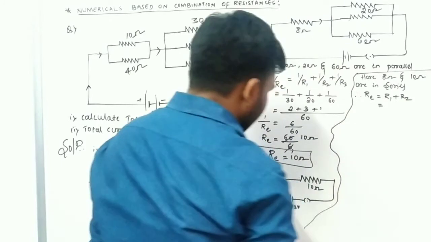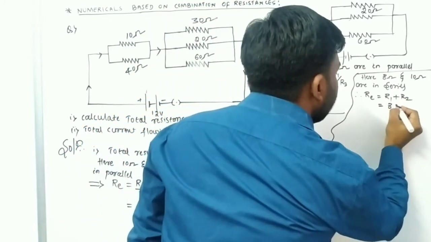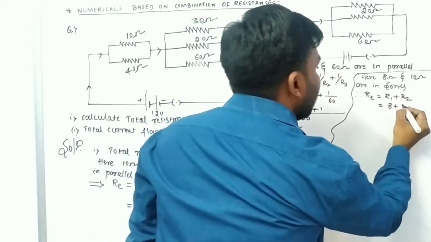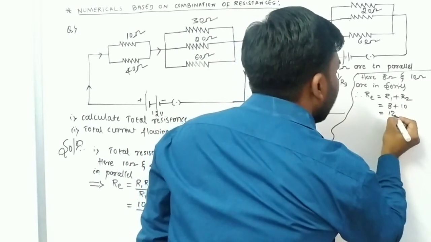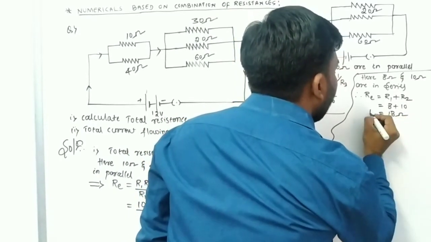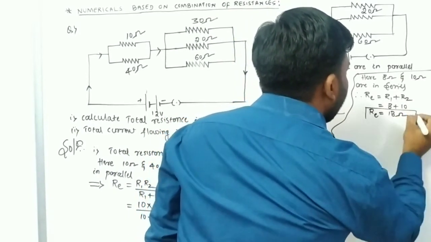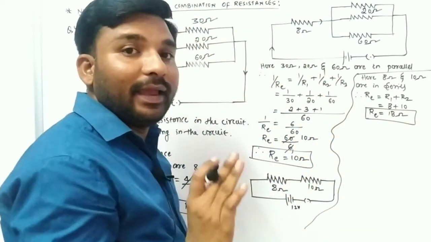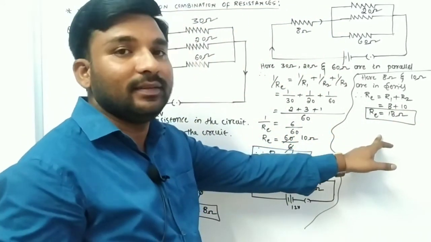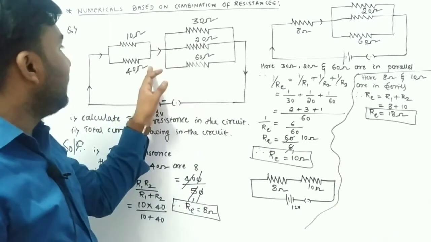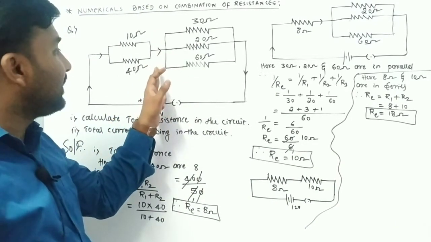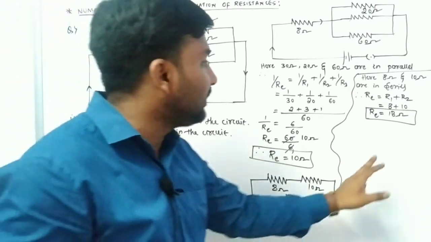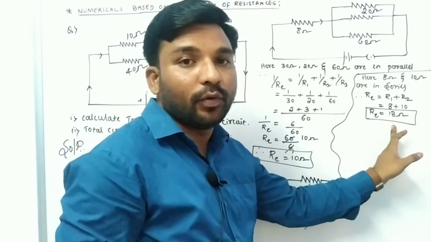This is equal to R1 is 8, R2 is 10. This is equal to 18 ohm. We got the answer 18 ohm, the equivalent resistance. For replacing all these resistors, we can use a single resistance which is equal to 18 ohm.